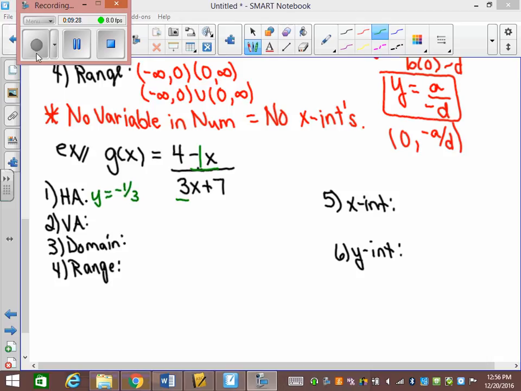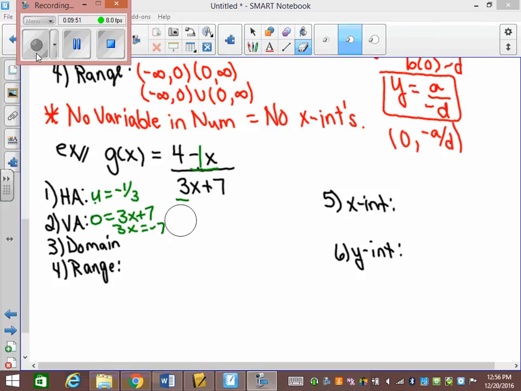The vertical asymptote is just what your non-permissible values are. So 0 equals 3x plus 7, 3x equals negative 7, so x equals negative 7/3.